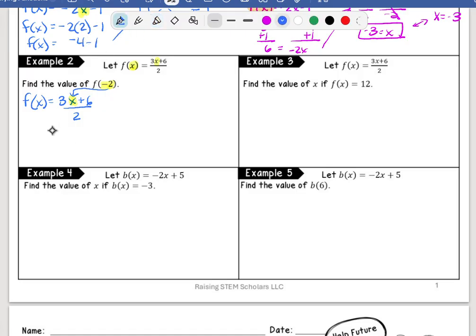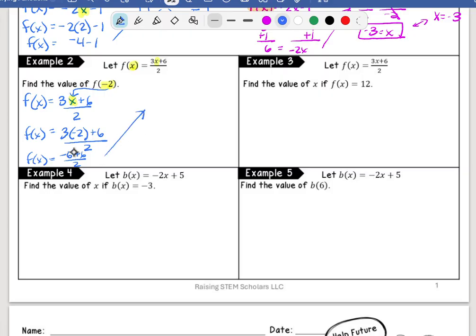Okay, so we got 3 times negative 2 plus 6 divided by 2. And that's going to give me 3 times negative 2 is negative 6 plus 6 divided by 2.